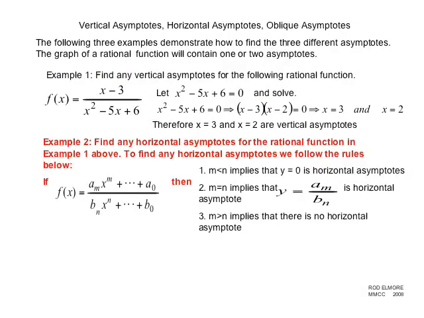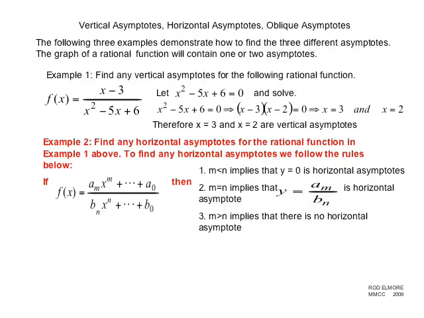Now don't be intimidated by this. This is just a polynomial divided by another polynomial. It's just that the degree of the top one is m. In other words, the largest power of the variable is m. And the degree of the denominator is n, which is the largest power of x in the denominator. It's this m and n that we're interested in. So we'll look at those three rules.